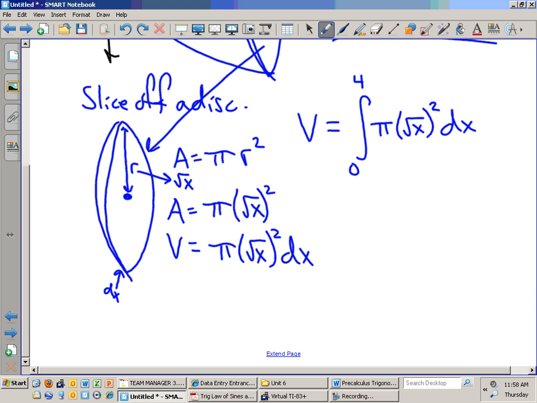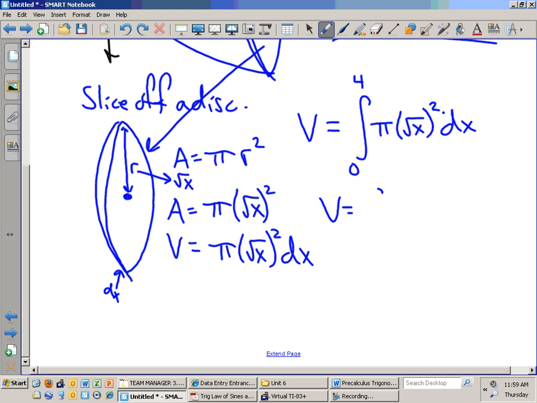That is going to be the volume of our half football. Do you see where I came up with this? Pi times r squared, pi r squared, and then dx was the width. That's how we get the dx in there. That's that little width.